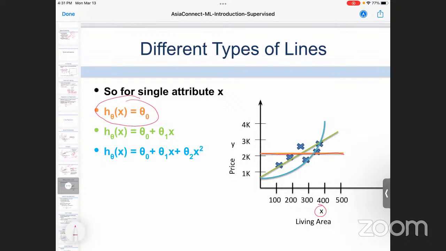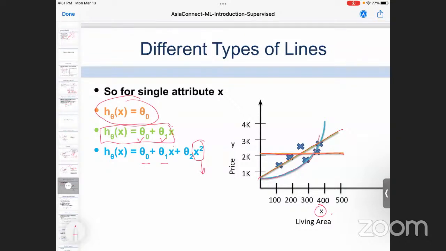The second one is this straight line. This is another hypothesis space. Here, this is the intercept, and this is the coefficient of X. So this is a straight line. And you can have higher order hypotheses. For example, here I use only one order, X. We can also use another feature, which is the square of this living area, to have a high order polynomial.